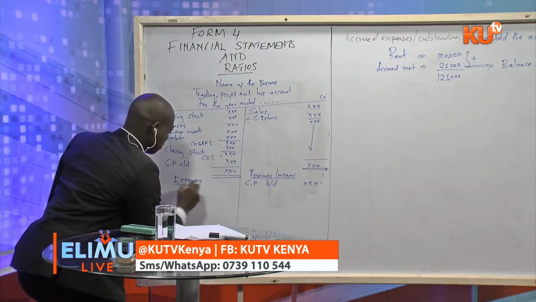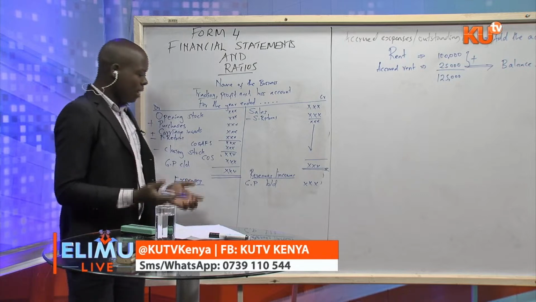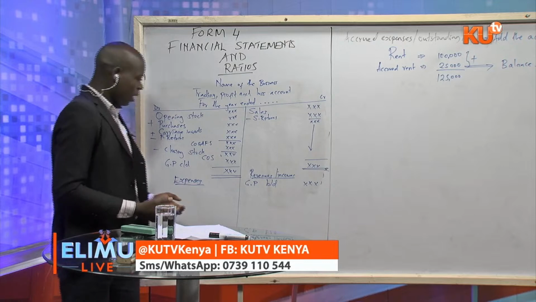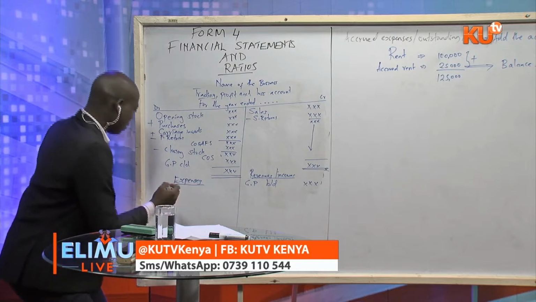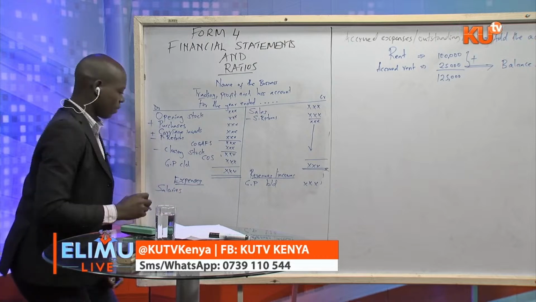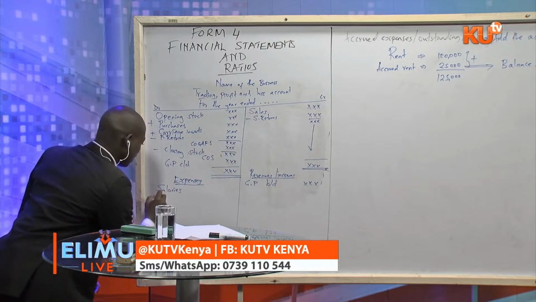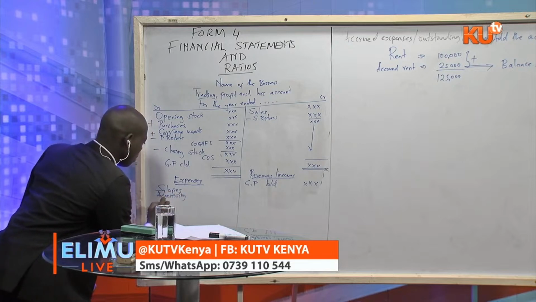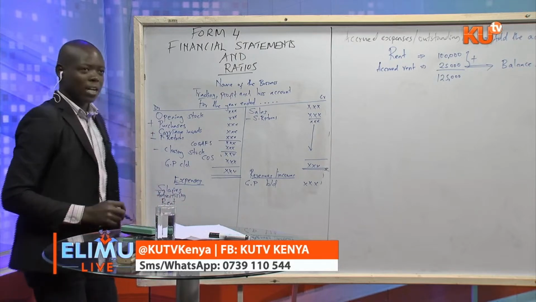We capture expenses, and there are so many expenses, depending on the business and the nature of its operation. We can list some of them. For example, salaries could be an expense that is incurred. We can have advertising expenses. Some businesses will be paying rent, which is an example of an expense.